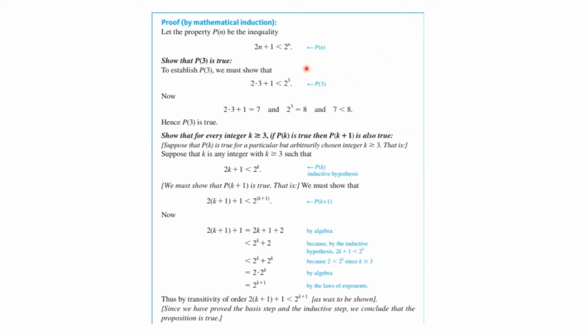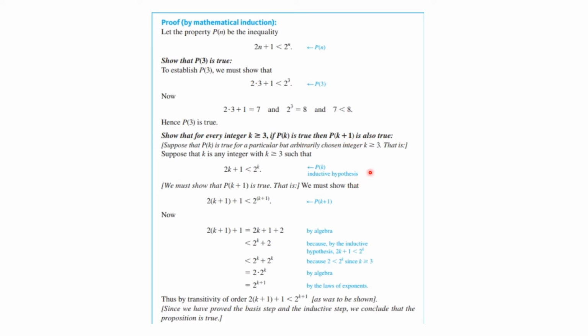Well, first you have to show P of 3 is true. So you plug in 3 in there for n, and you end up saying 7 has to be less than 8, and you say yes it is, so P of 3 is true. Now you have to show that for k greater than or equal to 3, if we assume P of k is true, then P of k plus 1 is also true.